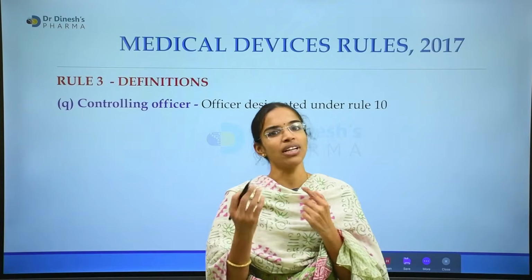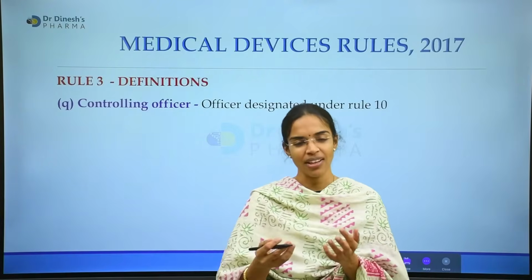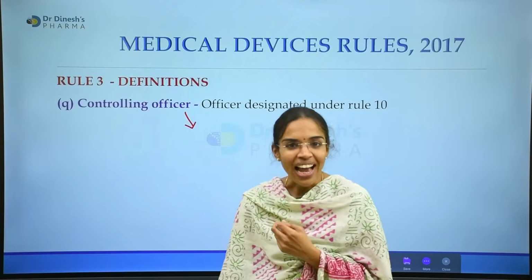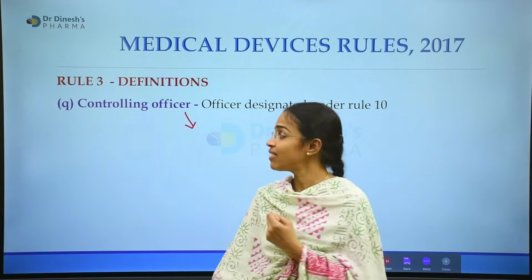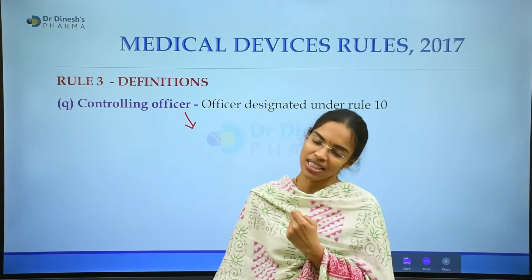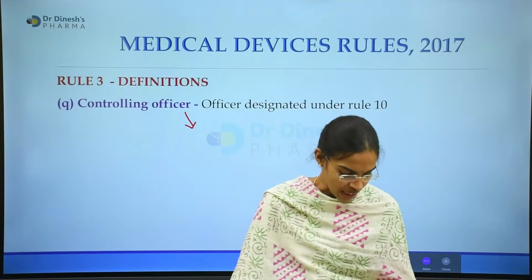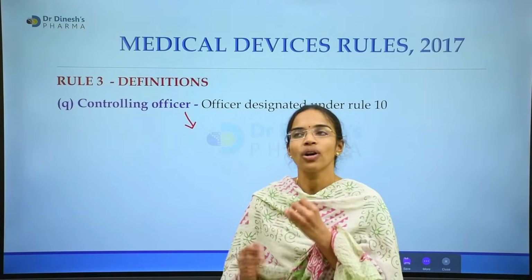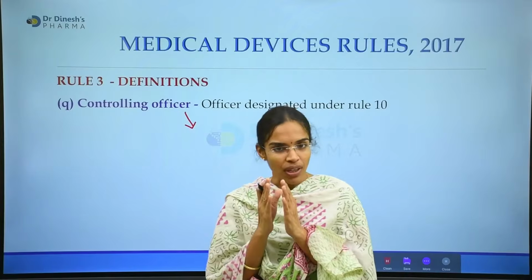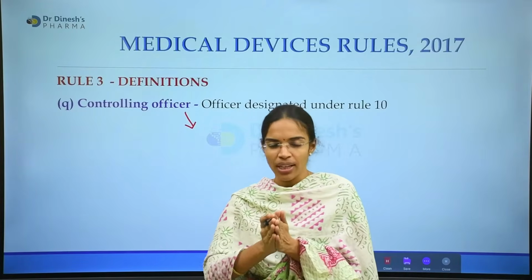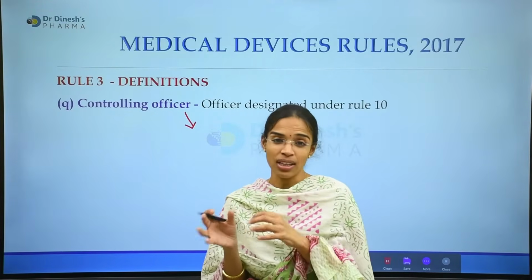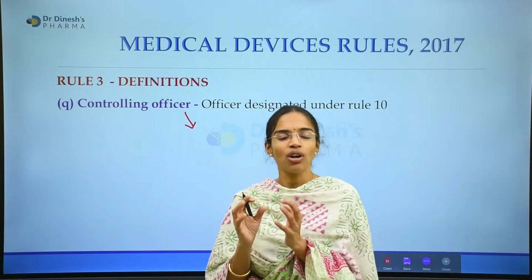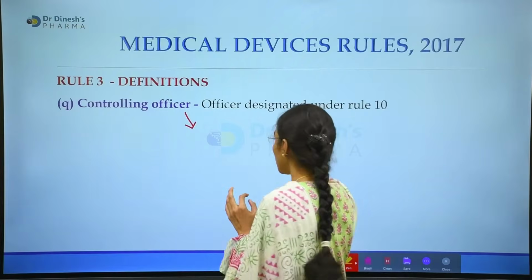You don't need to immediately jump to Rule 10 for this purpose. I am here to help you out. So, the controlling officer, according to MDR 2017 Rule 3Q, is any officer not below the rank of additional drug controller. If you are a drugs inspector, these persons do not directly come under the controlling officer.